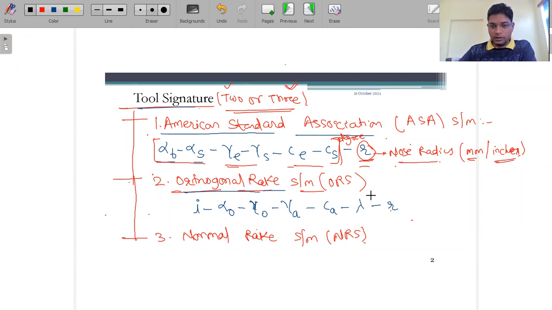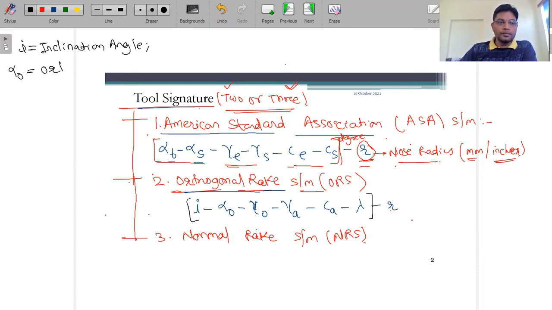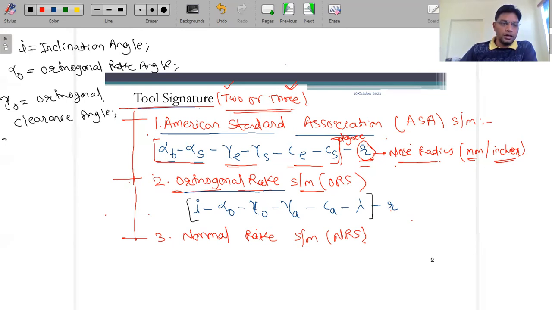Let me also write what these are. I is the inclination angle. Alpha O is the orthogonal rake angle. Gamma O is the orthogonal clearance angle. Gamma A is the auxiliary clearance angle.